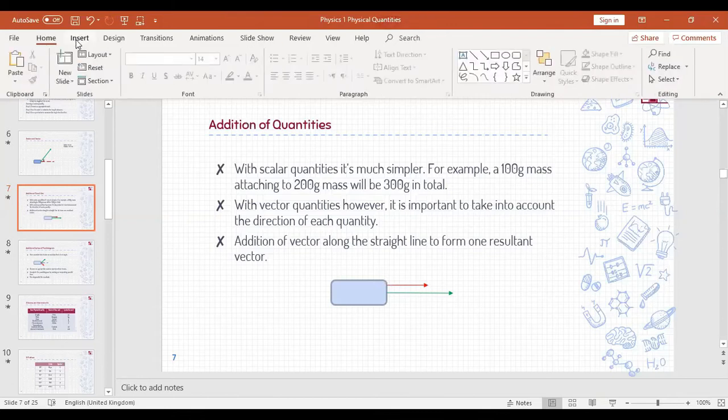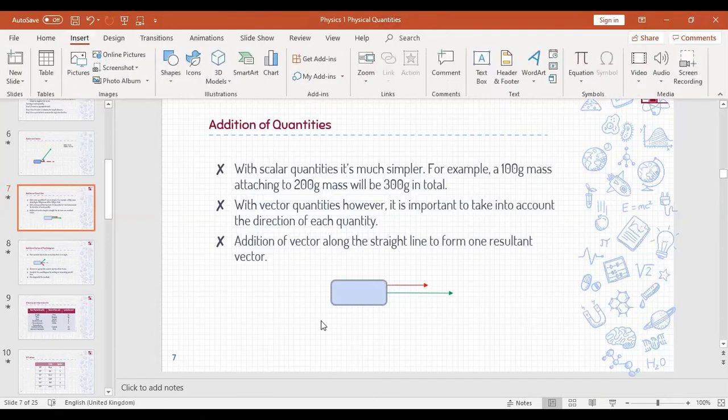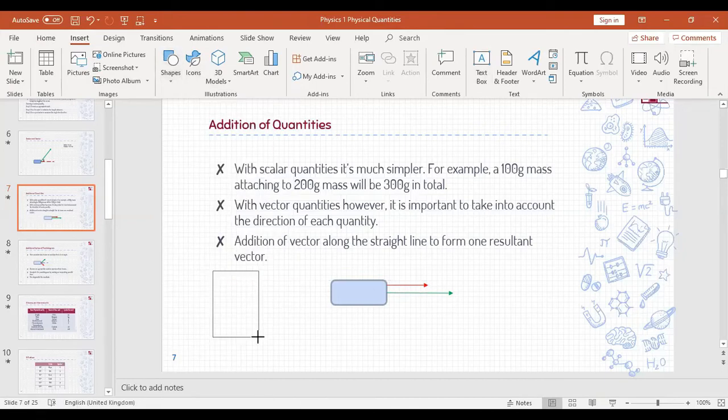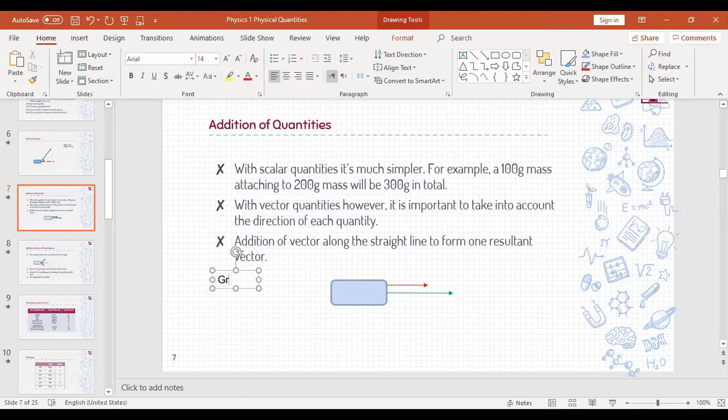All right, now let's say the green arrow is a 5 Newton force and the red arrow is a 3 Newton force. So the green arrow is 5 newtons and the red is 3 newtons.